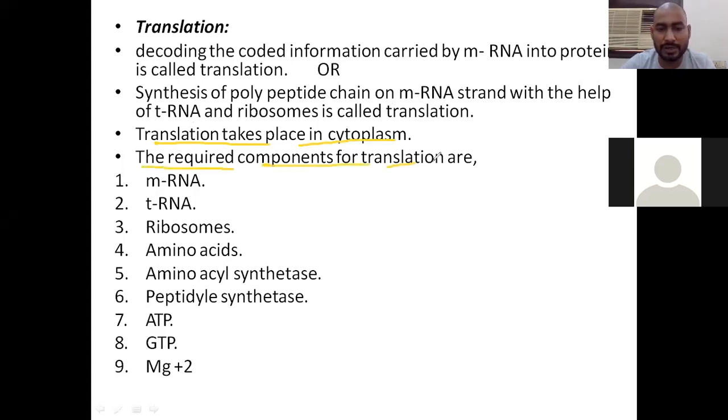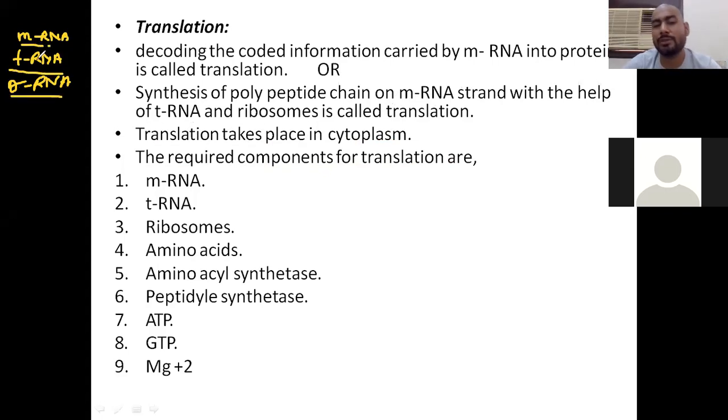The required components for the translation are... how many components are required? I told three is the major component. Three major components means mRNA, tRNA, and rRNA. Clear? These three are very important.